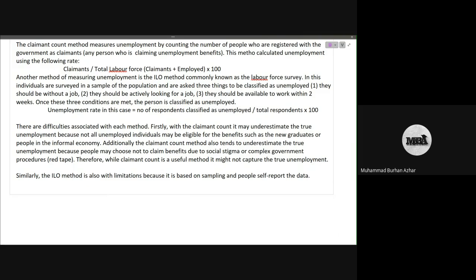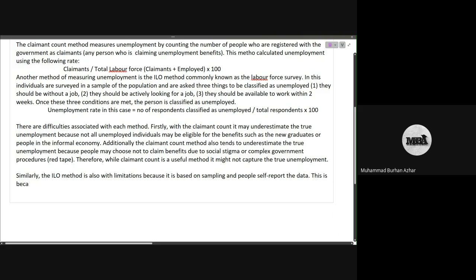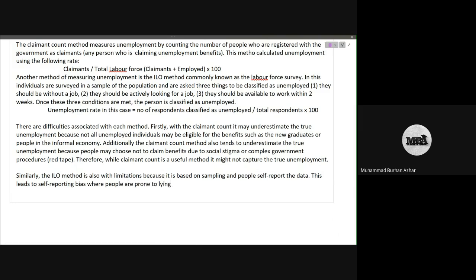So there is a self reporting bias. The results are subject to these biases because they may not be very honest in answering this. And if they are not honest in answering this, it means the survey is not giving you a perfect representation of the population. This leads to self reporting bias where people are prone to lying or not completely being honest in the survey.